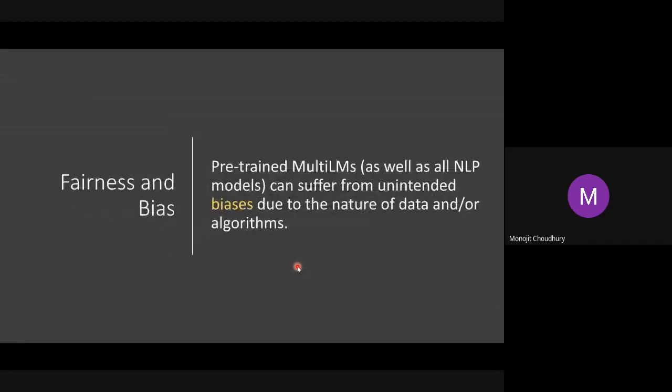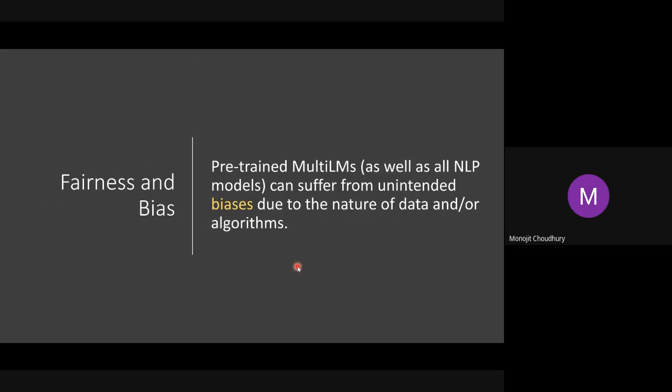And of course, all these pre-trained multilingual models come with a lot of unintended biases due to the nature of the data and the algorithms. You might have already heard about it, right? In word embedding models, if you ask it to complete a sentence or complete a mask, often it generates very obnoxious and biased content.